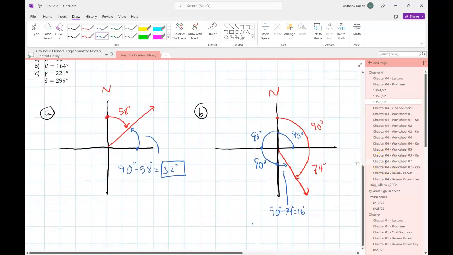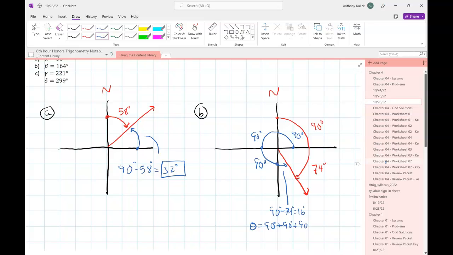So my standard position angle is 90 plus 90 plus 90 plus 16, or 288. Does that all look okay?